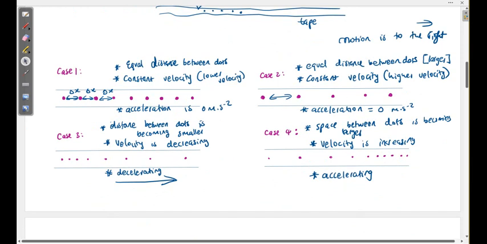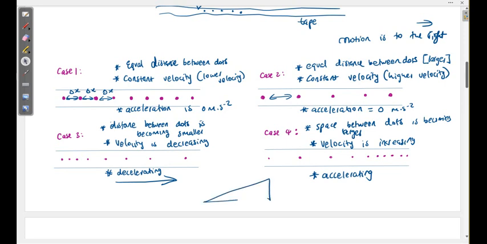All you need to take care of is the direction at which the object is going. You understand me? Yes. By the way, when you look at case 4, I want you to imagine that the ticker timer was placed this way. Imagine that the trolley was here, and then the ticker timer there with the needle, it was like this. Now it will mean that this thing is moving that side.